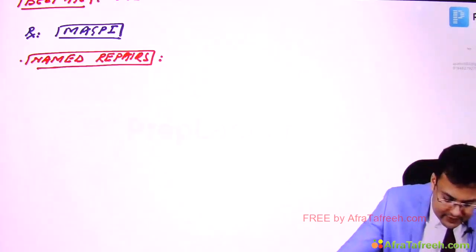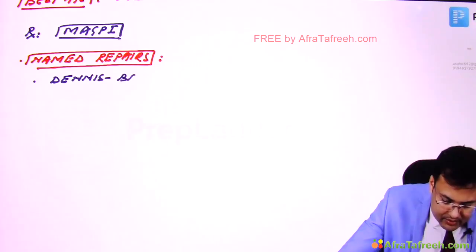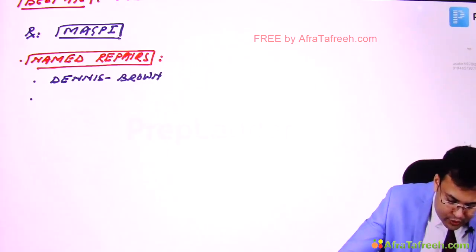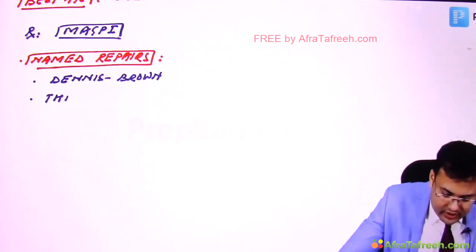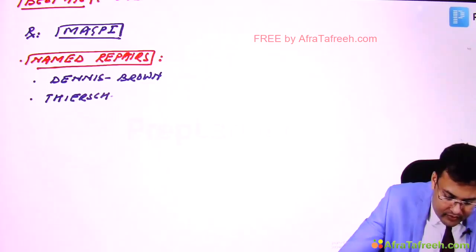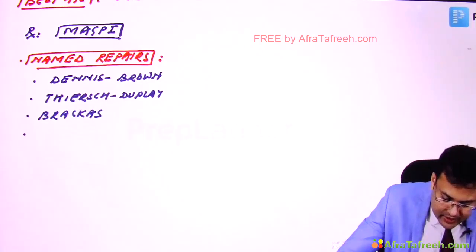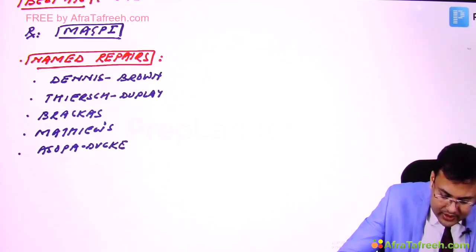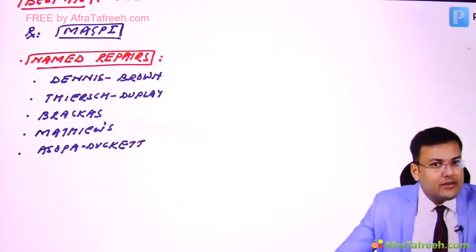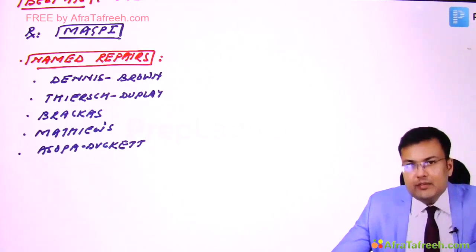The named repairs are first Denis Browne, which was asked many times, Thiersch-Duplay, Bracka, Mathieu, and Asopa and Duckett. Asopa is an Indian surgeon and he is from Agra. So these are the named repairs.